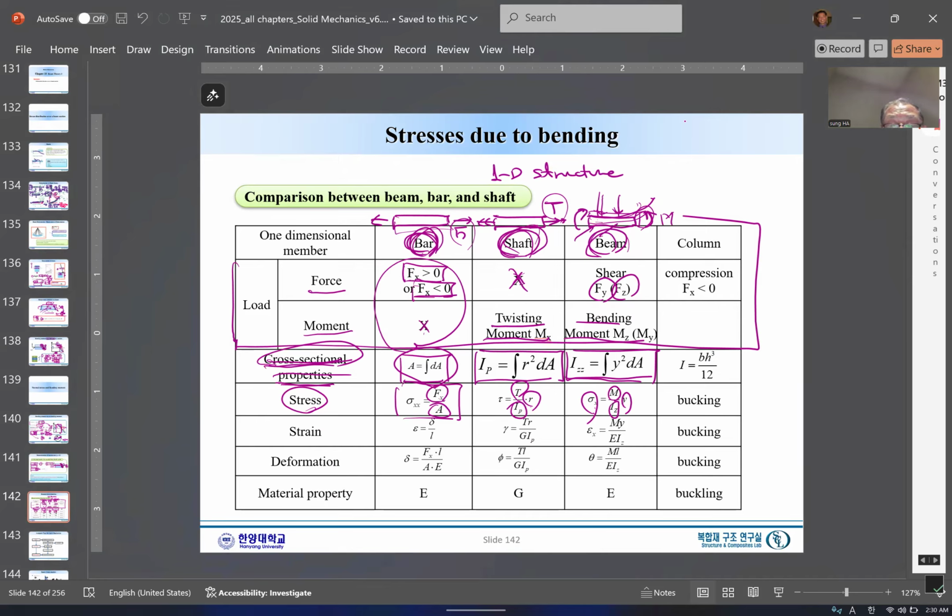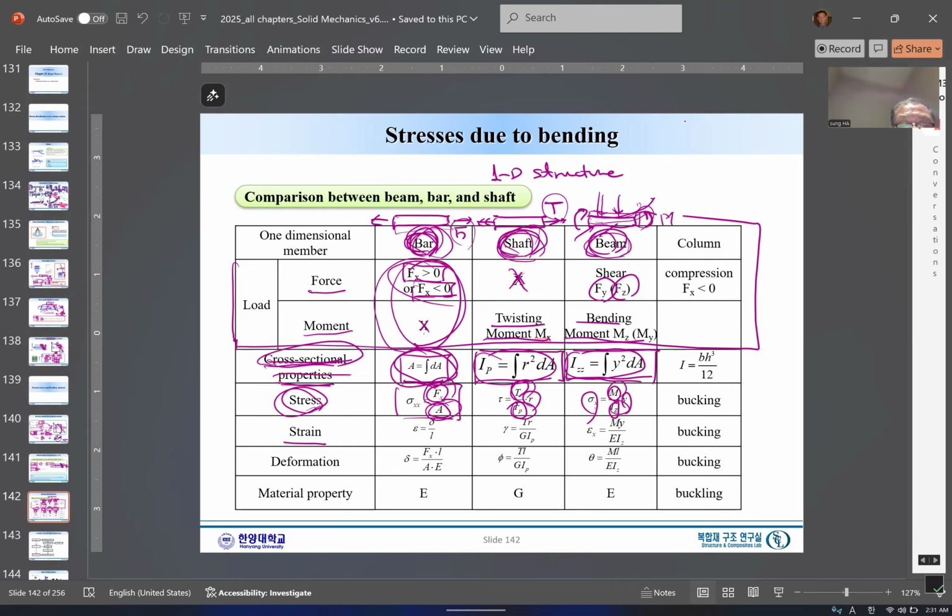So my point here is that for bar, shaft, and beam, the concept is very similar. This is the force, this is the cross-sectional property, and stress is always given as a force divided by A.